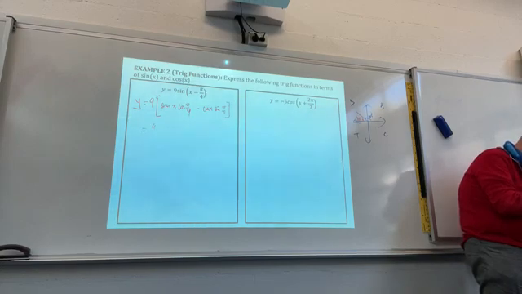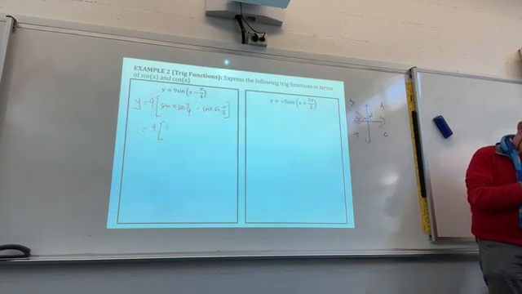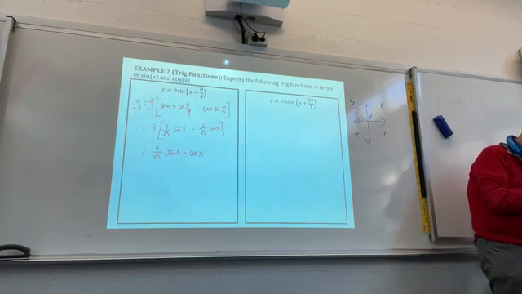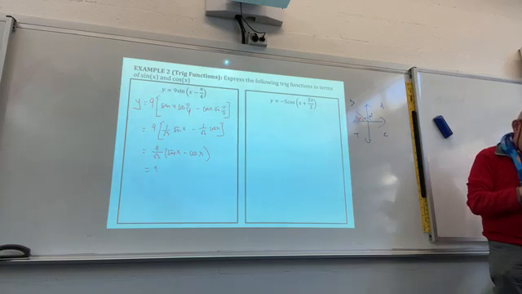Now, cos pi over 4 is 1 over root 2, and sine pi over 4 is 1 over root 2 as well. Therefore, it's 9 over root 2 times (sine x minus cos x), or if you like, 9 square root of 2 over 2 times (sine x minus cos x).